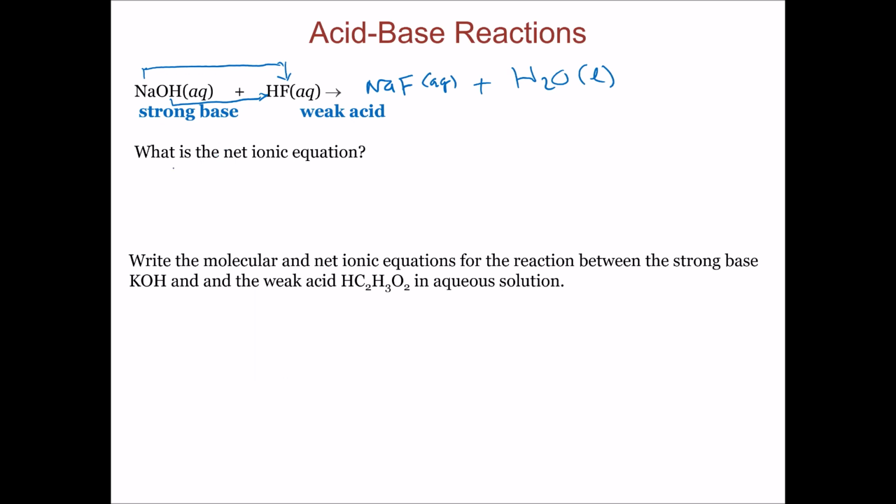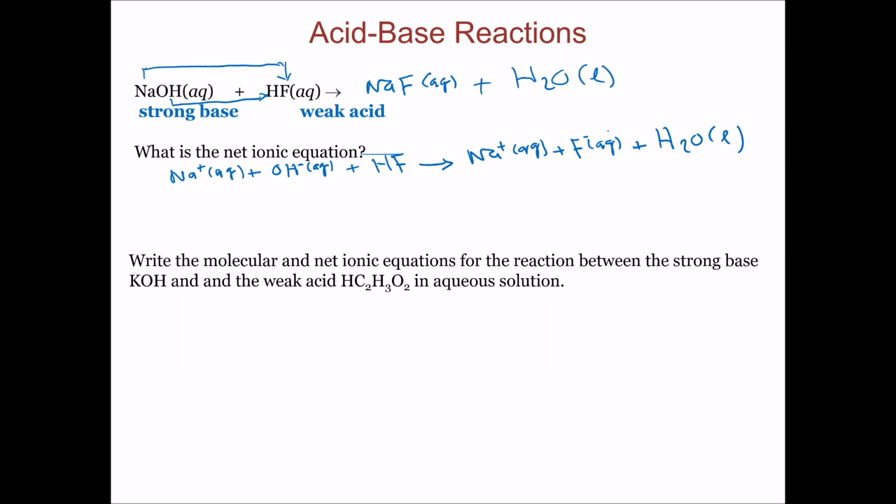Then we make the total ionic equation by splitting anything that would split in solution. Strong bases split into the corresponding ions. Weak acids do not, same as weak bases, so they will remain the same. Soluble salts are going to split into the corresponding ions. Liquid substances are not.